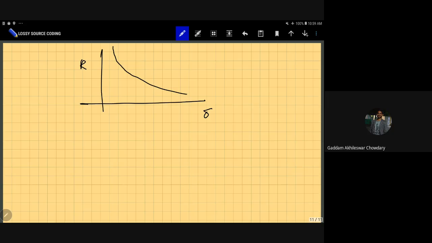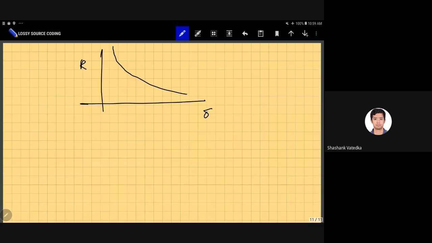So it goes to zero when delta is greater than sigma square. True.